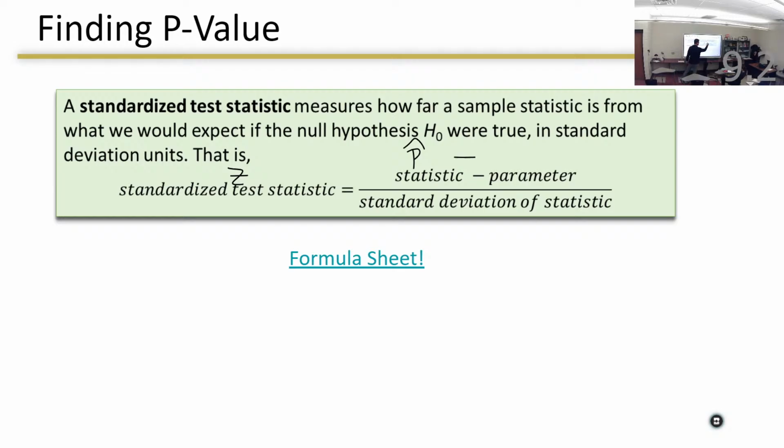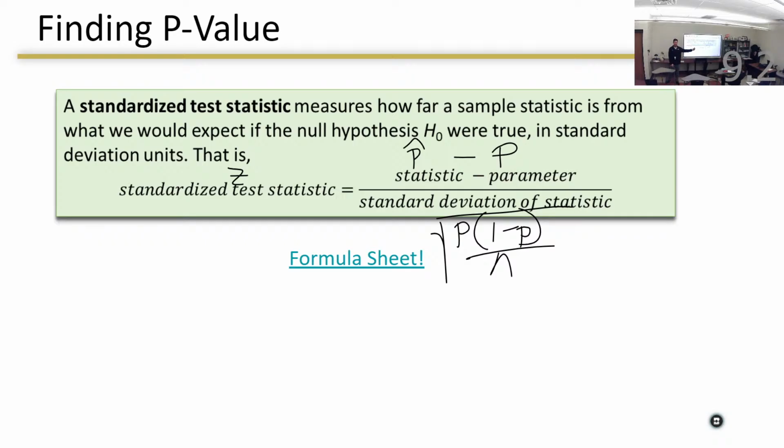Parameter is the population. In this chapter, it's going to be p. Two more chapters from now, that's going to be mu. And then the standard deviation of the statistic is where we have that square root of p times 1 minus p over n. And that is the standardized test statistic.